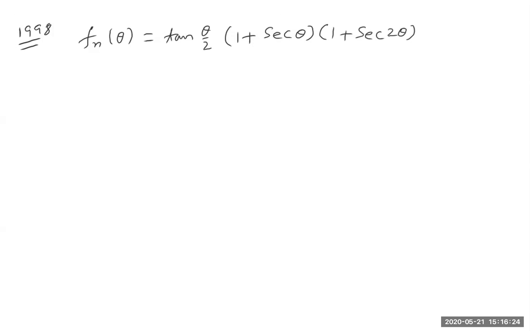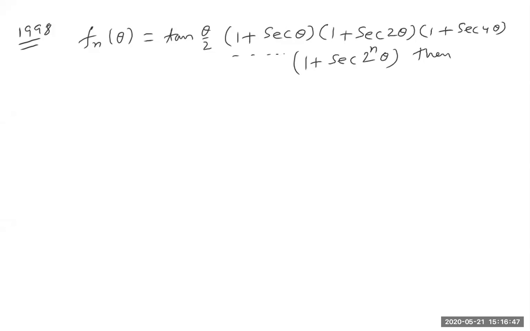If f of theta is equal to tan theta by 2 into 1 plus sec theta, 1 plus sec 2 theta, 1 plus sec 4 theta, and so on till 1 plus sec 2 raised to power n theta, then options are given.